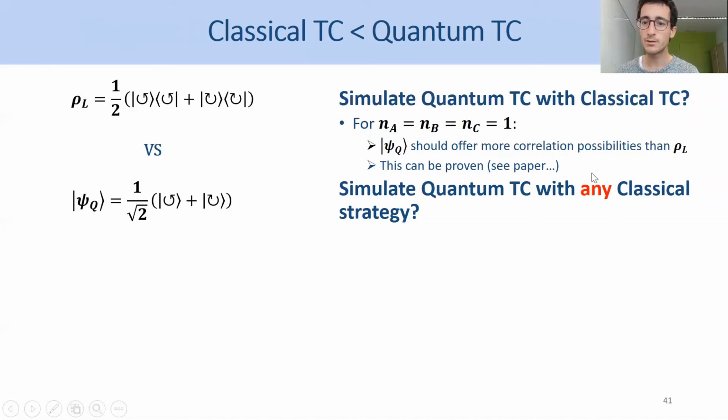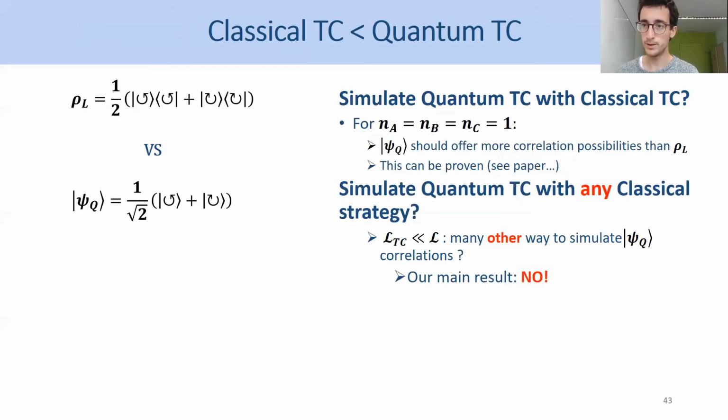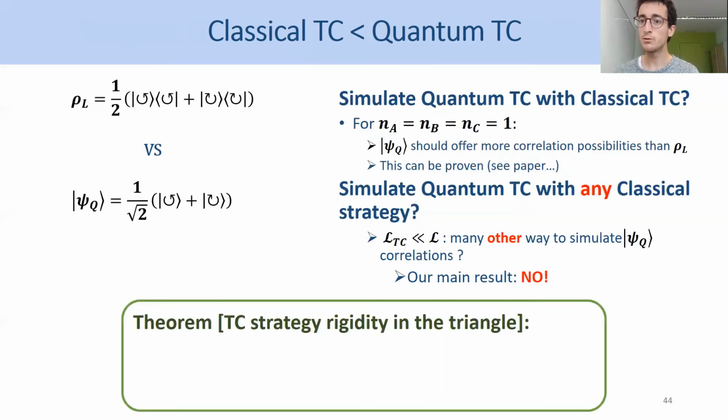So this case is completely different, and a priori it's not clear at all that there is no way to classically simulate quantum token counting strategy. And here's where our main results come into play. What we were able to prove is that this is not a problem because we have rigidity of token counting strategy.